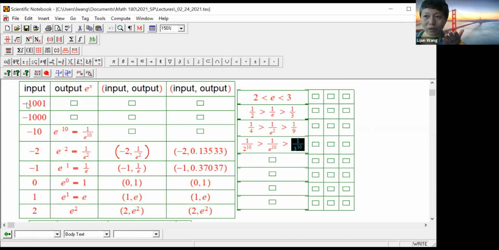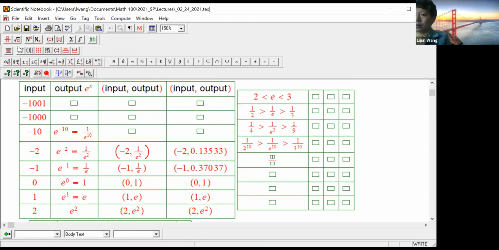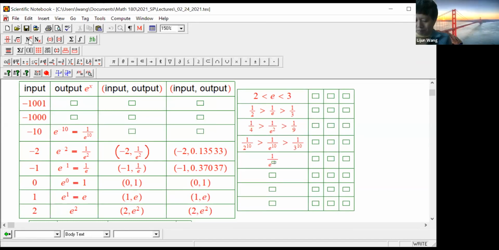So no matter what the input is. Let's see, can you work on this negative 1,000? Do you want the answer? However you want to tell me.